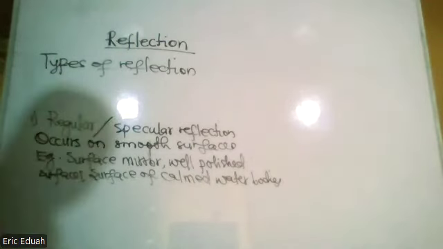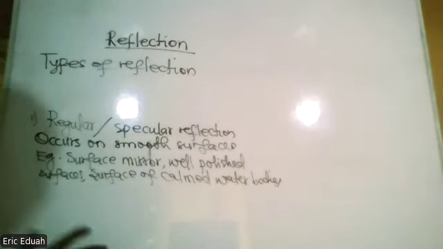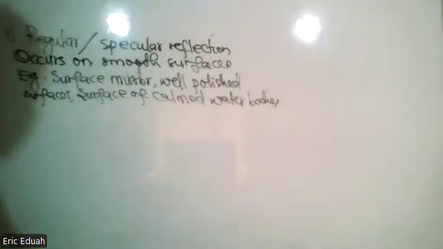So generally I say well-polished surfaces. These are areas where regular or specular reflection is expected to occur.